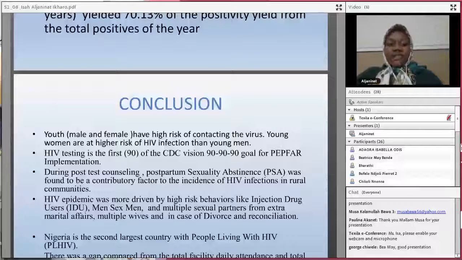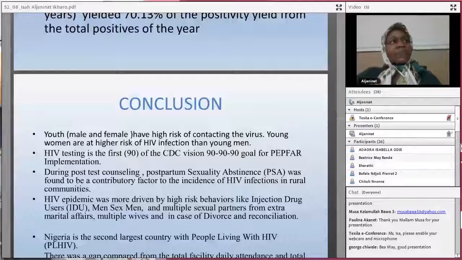HIV testing is the first 90 of the CDC vision of the 90-90-90 goal for PEPFAR implementation, whereby they say that 90% of the total population in the community must be tested. They should know their status. 90% of those who know their status must be placed on treatment.